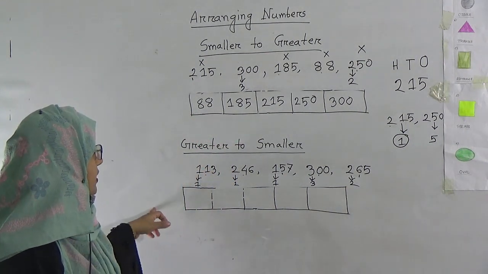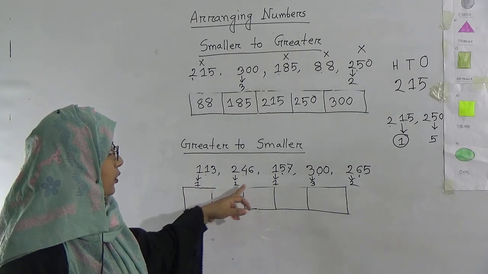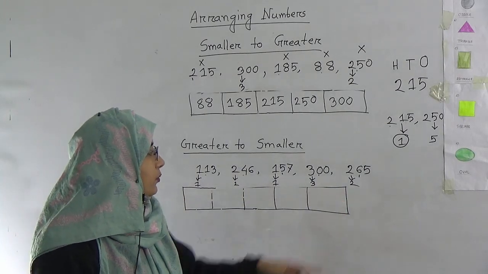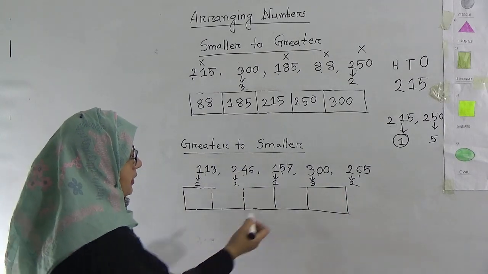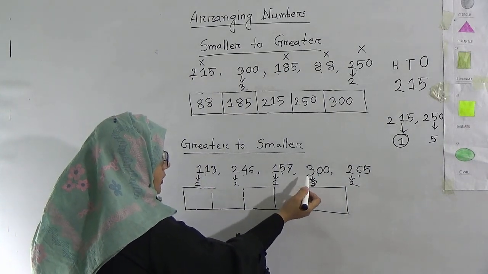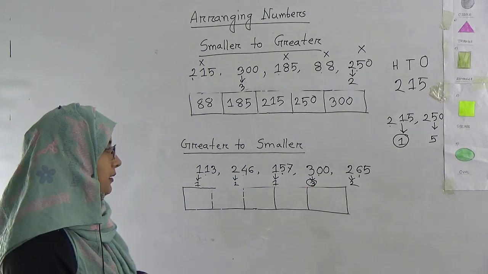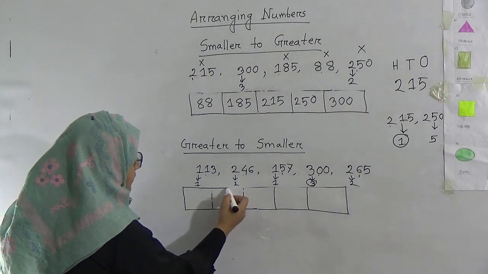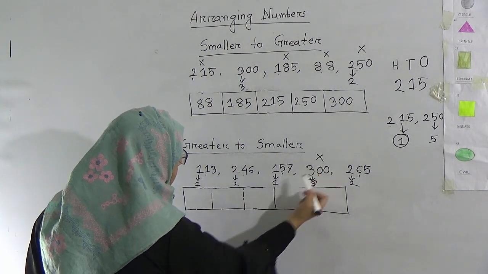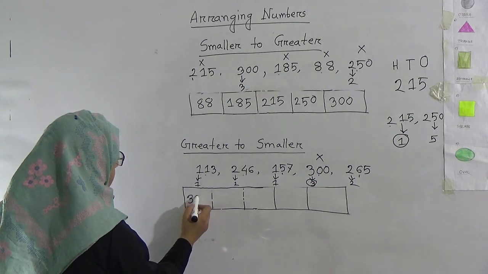Now see which one is greater: 1, 2, 1, 3 or 2. Here the number 3 is greater. So the number 300 is greater than the other numbers. So we have to cut the number 300 and write it here.